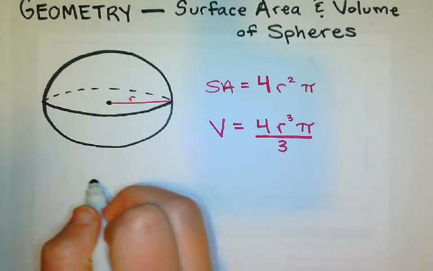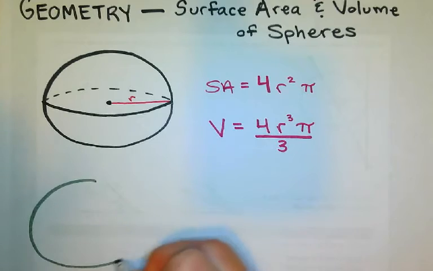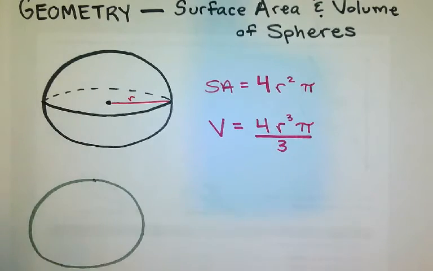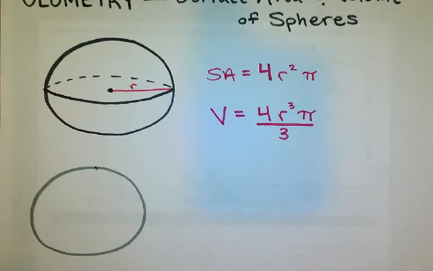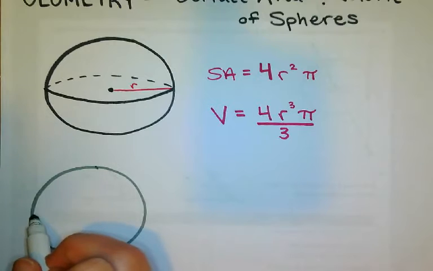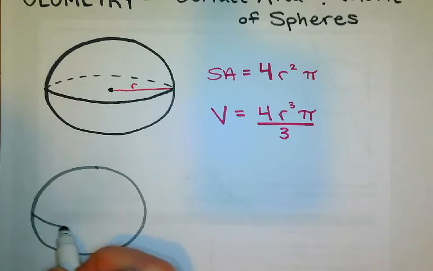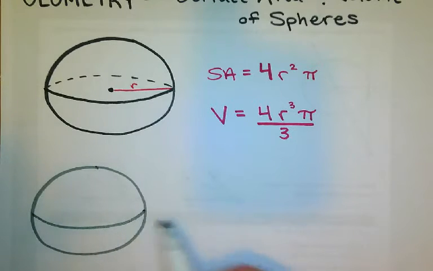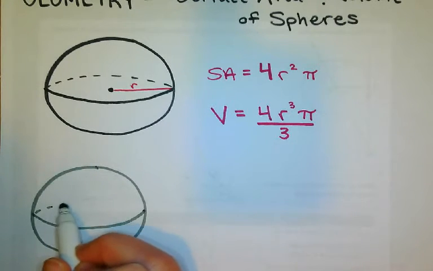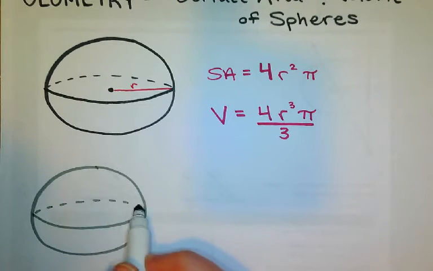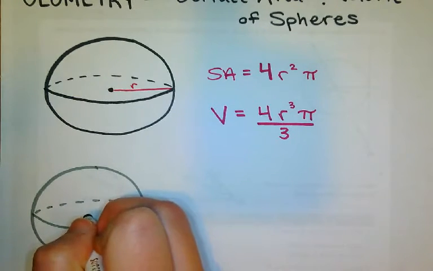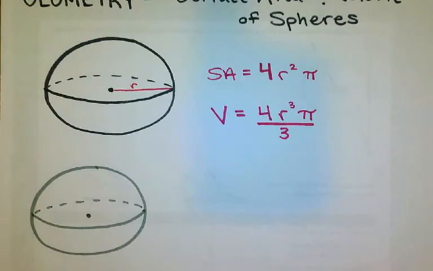To draw a sphere, just draw a circle. It doesn't have to be perfect, because my drawings are definitely not perfect. Then you draw a little curve coming across this way, and then a dotted curve on the other side, and you've got your sphere. Then you can put a dot right in the center, and there's the center of your circle.